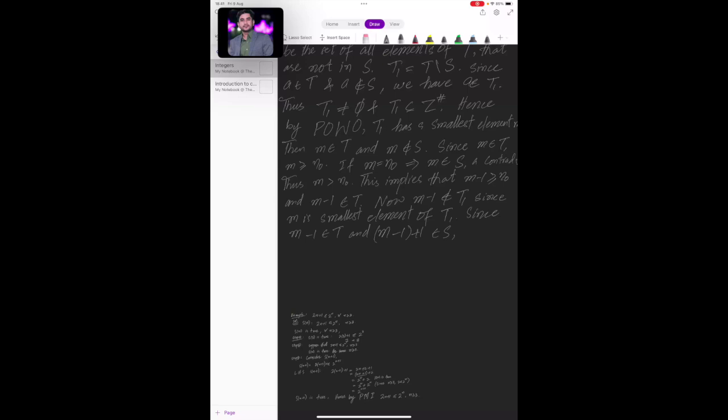And T1 does not contain those elements which are inside S. It only contains those elements which are inside T. So if M minus 1 is inside T, then M minus 1 plus 1 is also inside S, which is a contradiction. Hence, T is a subset of S.